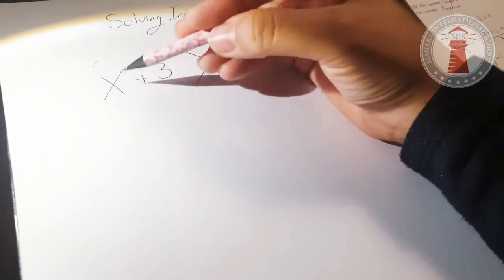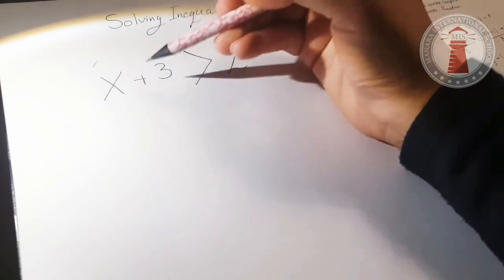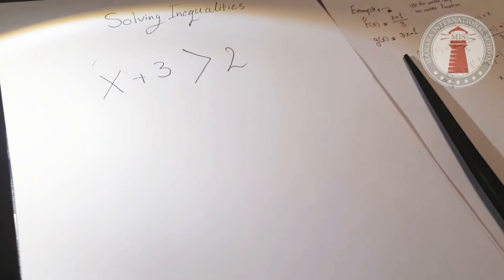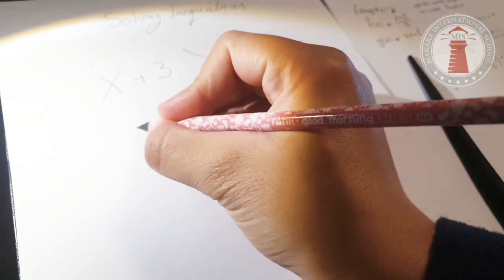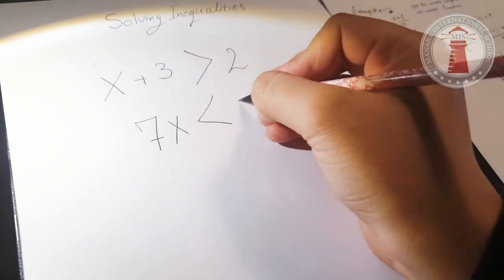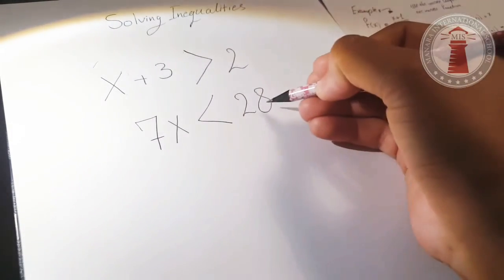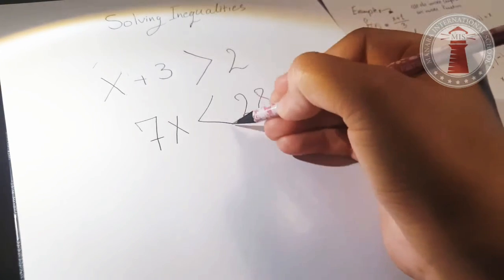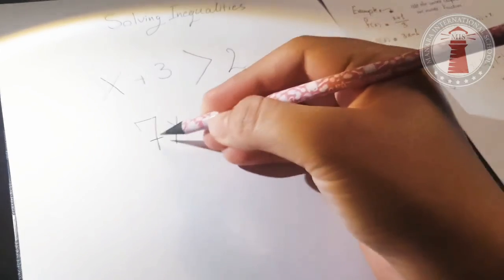So if you're going to read it from left to right, it's x plus 3 greater than 2. From right to left, it's 2 is less than x plus 3. Okay, another example. Let's say we have 7x is less than 28. Or we can say 28 is greater than 7x, because here's where it's bigger, and here's where the angle of the sign is.